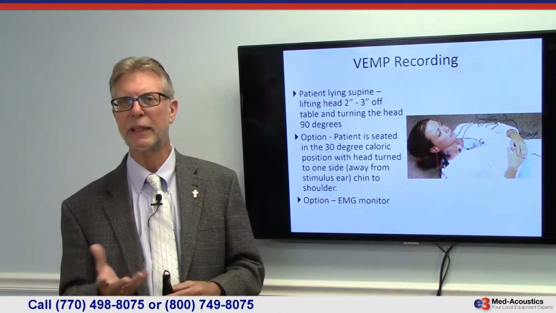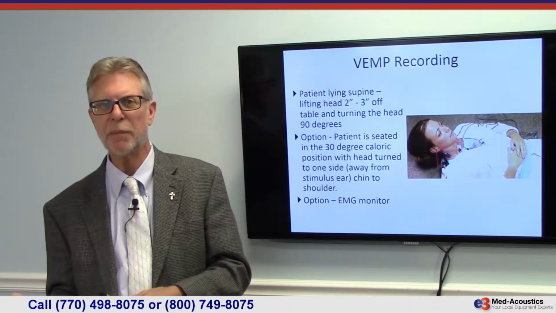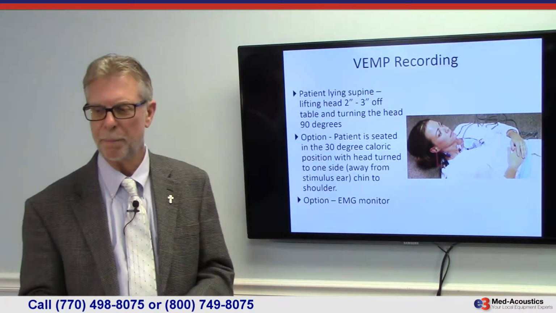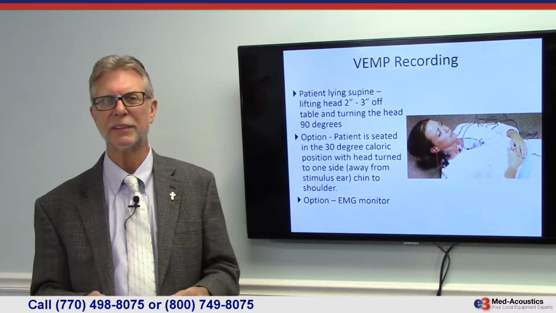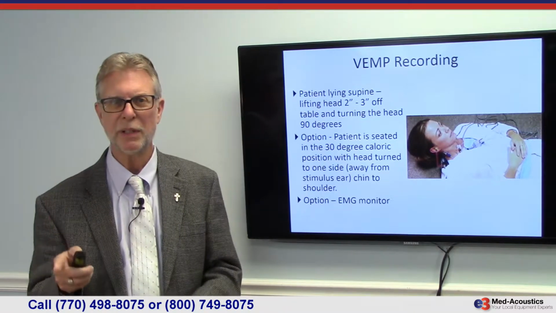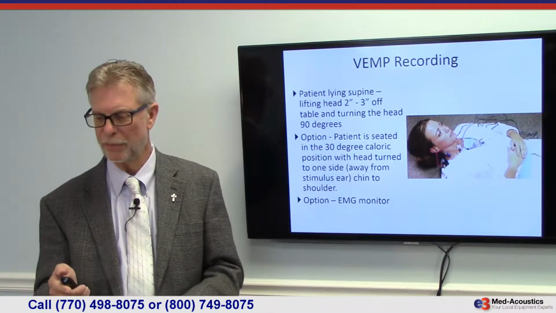And they can make sure that that contraction is the same for right and left, because that's going to be important, because that's the big indicator, a difference between right and left. So we've got to make sure we get the same muscle contraction on both sides.